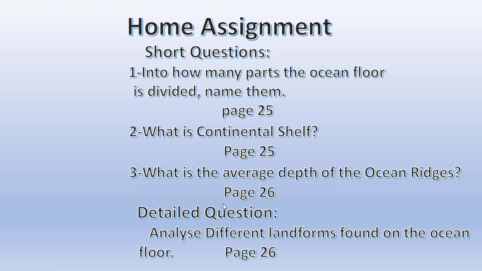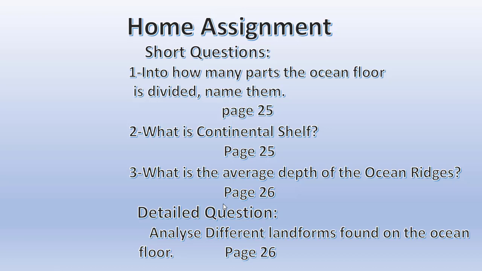I have included 3 short and 1 detailed question in your today's assignment. I have also given the page numbers within the question so that you may easily find their answers. Short question number 1 is, into how many parts is the ocean floor divided? Name them.